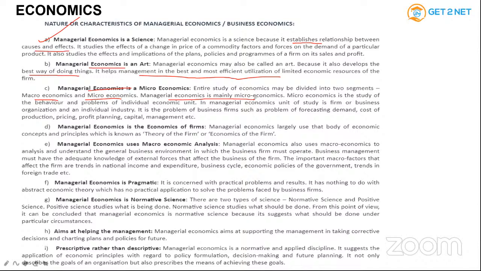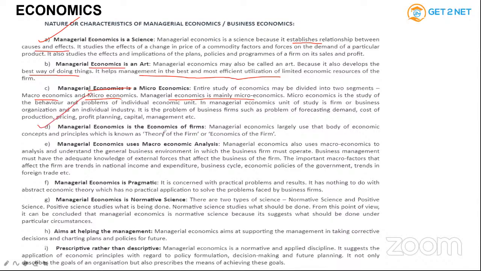Now in managerial economics, we are actually studying a business organization or an individual industry. So that is why we say managerial economics is a microeconomics, not a macroeconomics. Macroeconomics means the general one: political environment, sociological environment, technological environment. We see that.